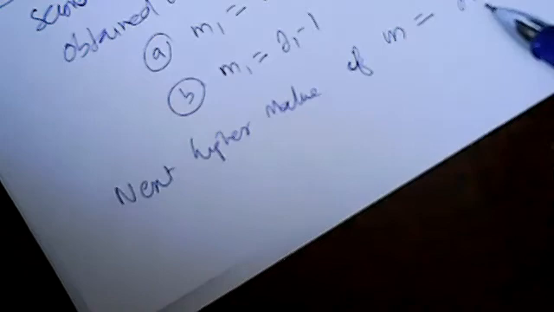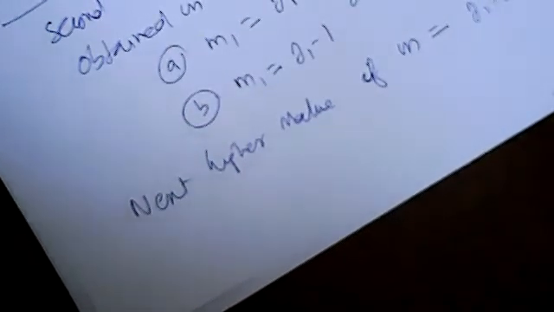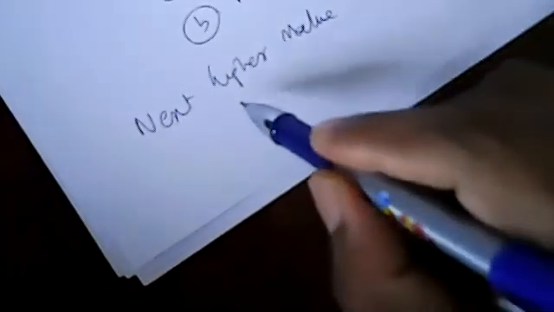What is the degeneracy of that one? This can be obtained in three different ways. So this is a triplet state. Three ways you can get it. I will write A, B, C. So what is M1? And what is M2?